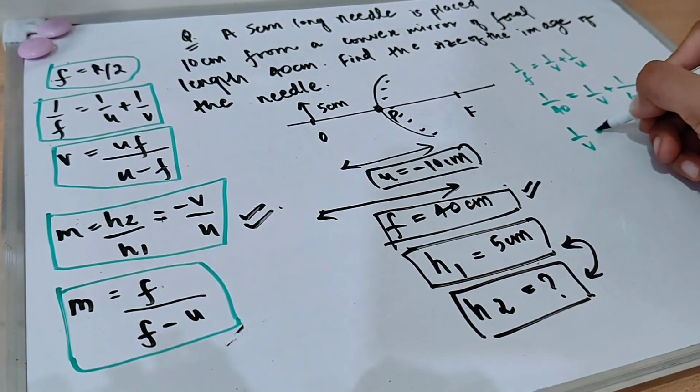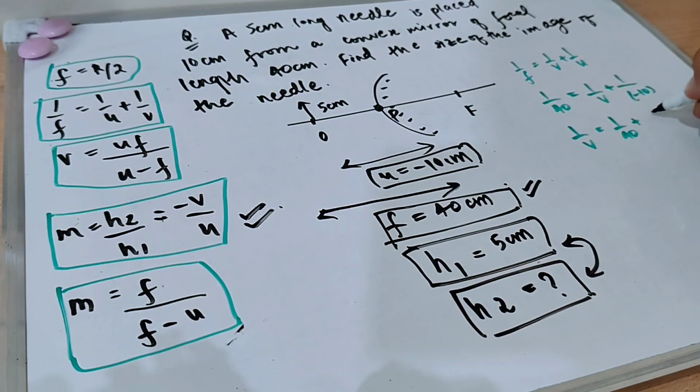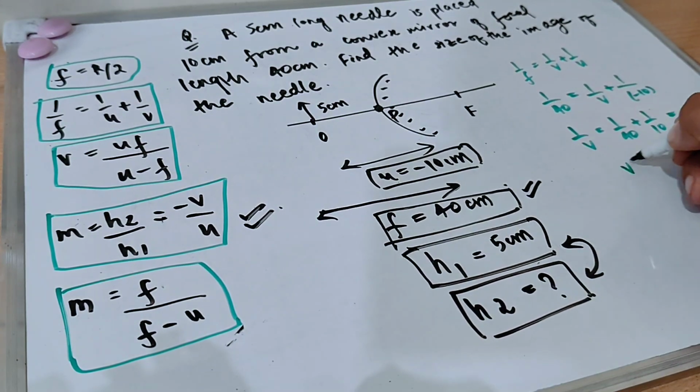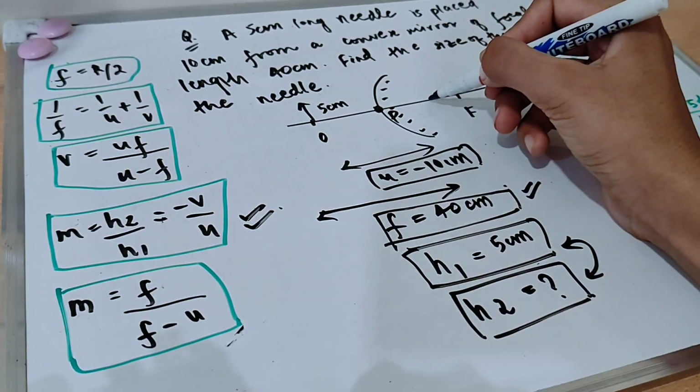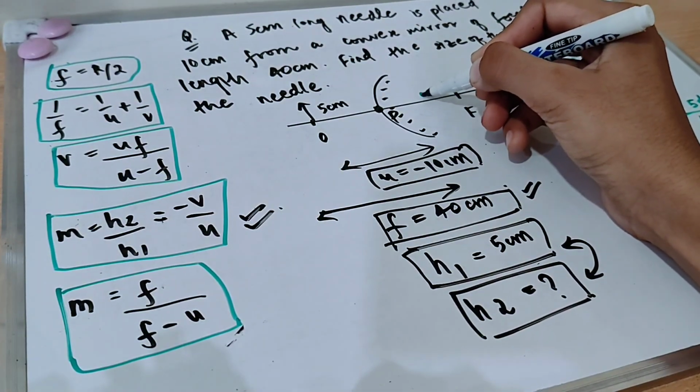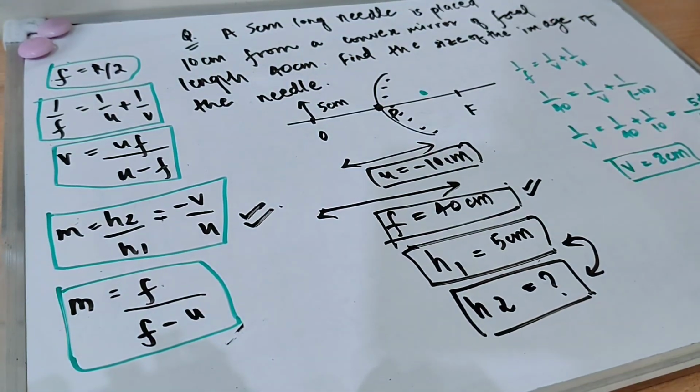We are going to send this 10 over here, and v is going to be 8 centimeter. Positive 8 centimeter means it is formed on this side of the mirror, right?